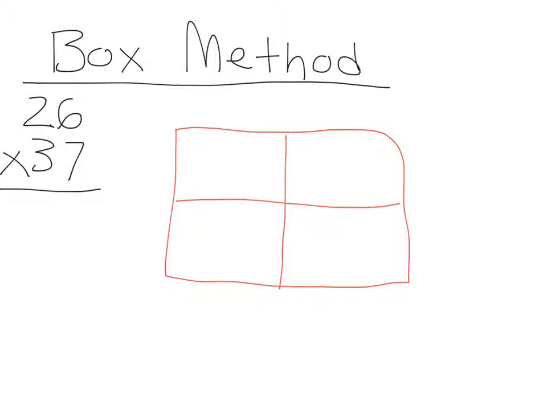And so I'm going to write 26 along the top side of this box, but I want to write it in expanded notation, for hopefully you remember what that is. So that 2 is really a 20, and of course the 6 is just a 6. And then we're going to do the same on the side here. 37 I'm going to write on the side, so 37 is 30 and 7.